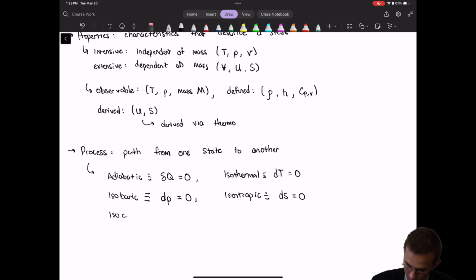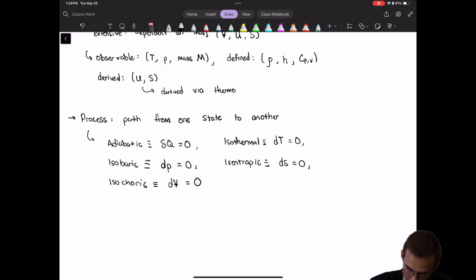And then one that's often not discussed is isochoric, which is defined as the system volume not changing, a constant volume process, dV equals 0. And then a cycle is defined as a set of processes that return to the same state.